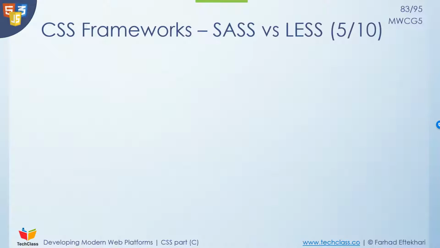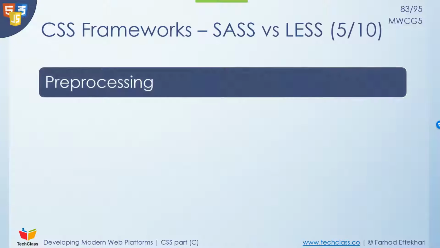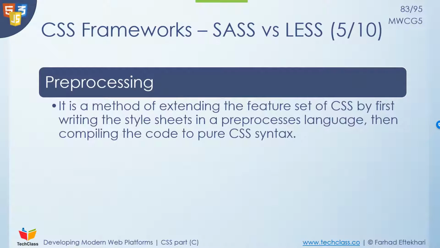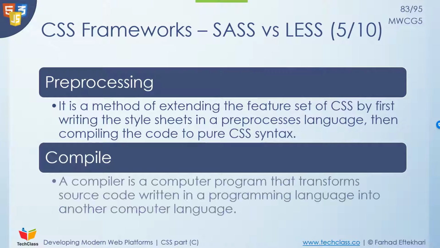Now let's talk a little bit about the concept of Sass and Less. Let's get familiar with preprocessing first. Preprocessing is a method of extending the feature set of CSS by first writing the style sheets in a preprocessed language, then compiling the code to pure CSS syntax. And then let's get familiar with compile. What is compile?